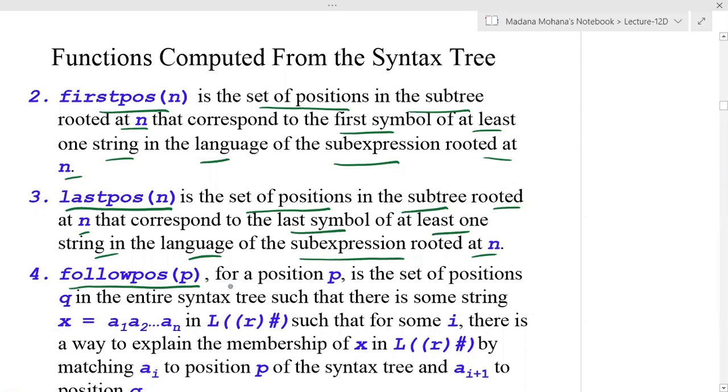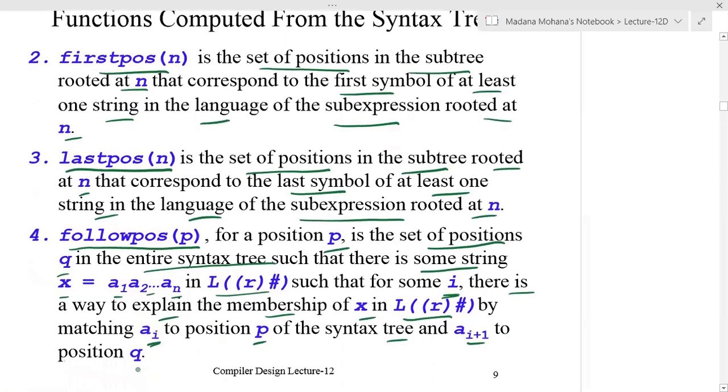So follow position of P, for a position P, is the set of positions, let us say Q, in the entire syntax tree such that there is some string x equal to a1, a2 and so on to an in L of R hash, such that for some i there is a way to explain the membership of x in L of R hash by matching ai to position P of the syntax tree and ai plus 1 matching to position Q.